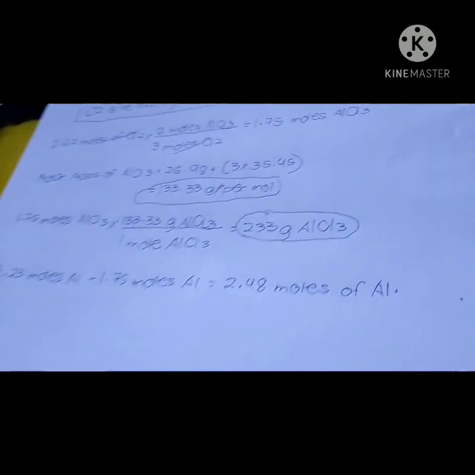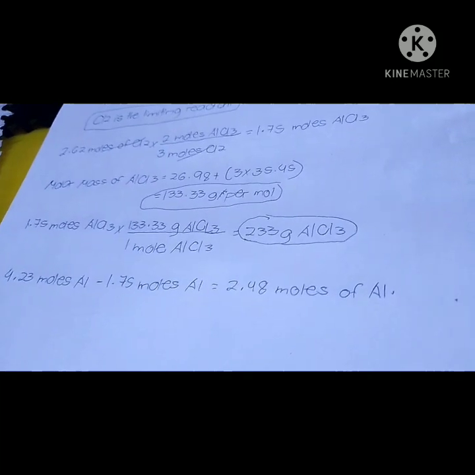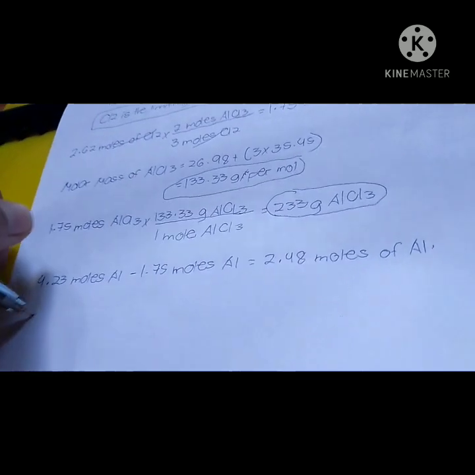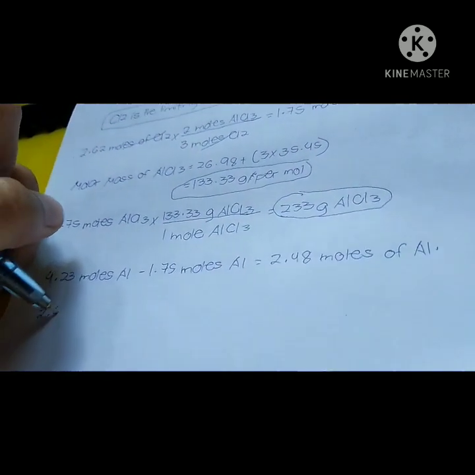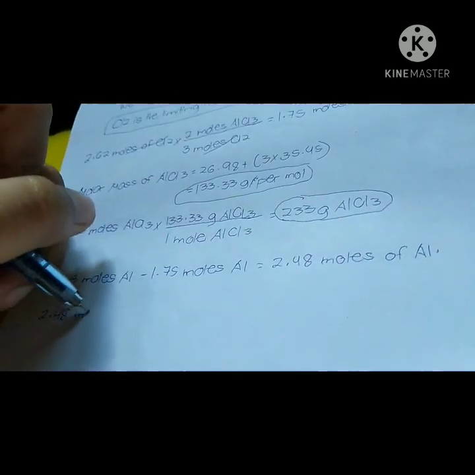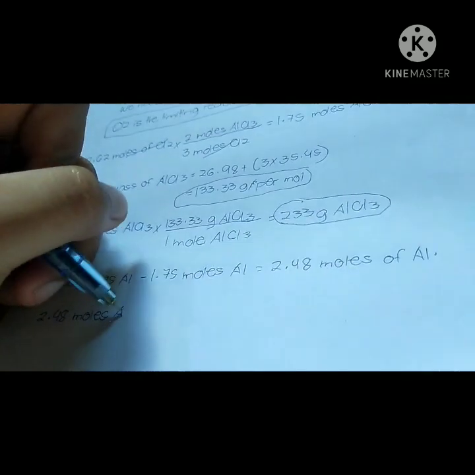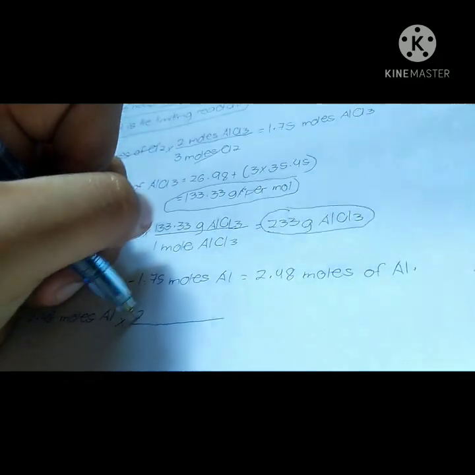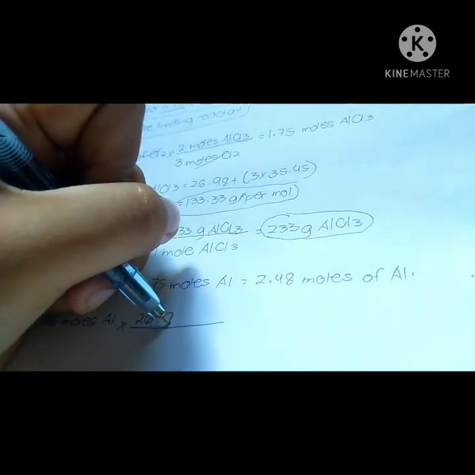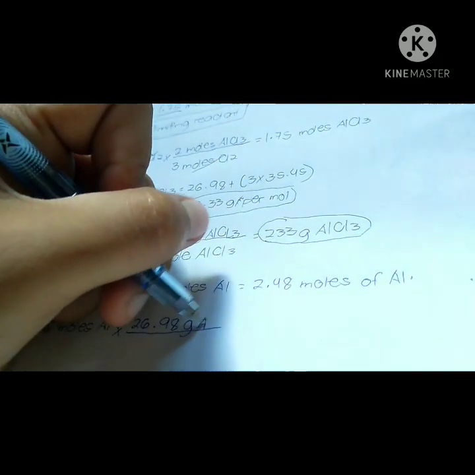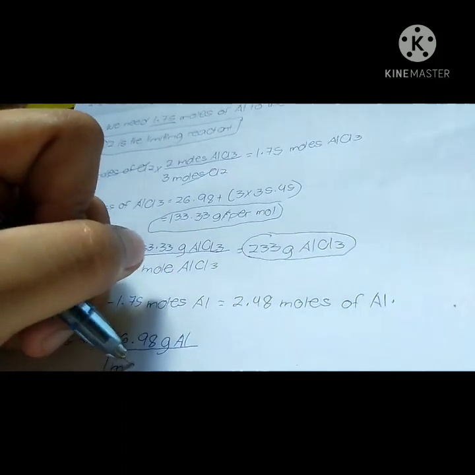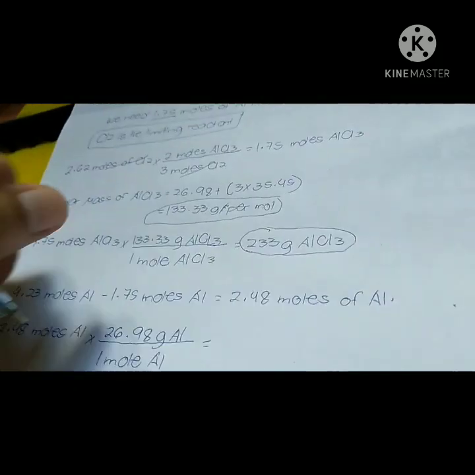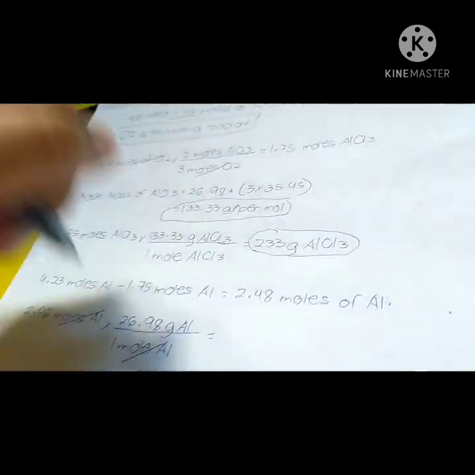So we want to multiply this by a conversion factor. 2.48 moles of Al times 26.98 grams of aluminum per 1 mole aluminum. Cancel.